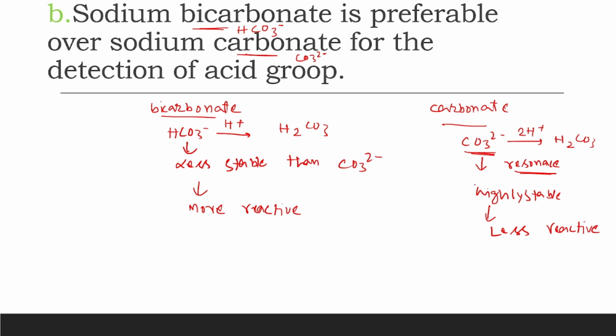Therefore, the activation energy for carbonate ion to form carbonic acid is higher. On the other hand, the activation energy for bicarbonate ion to form carbonic acid is lower. That's why we use sodium bicarbonate over sodium carbonate for the detection of acid group.